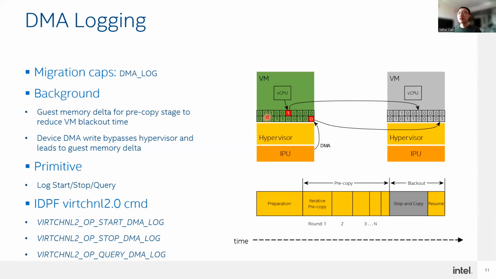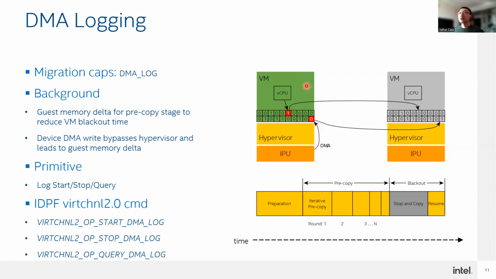But at the pre-copy stage, when the VM is running, data may be changed by the vCPU, like the CPU may write something into the memory, and that may cause the memory to not be synced to the destination. But the memory may also be changed by the device DMA write.